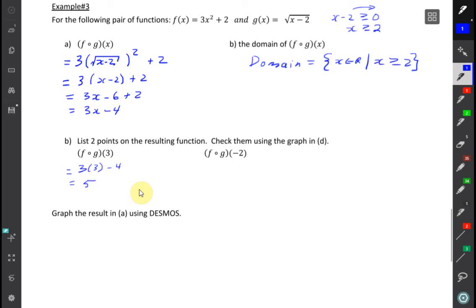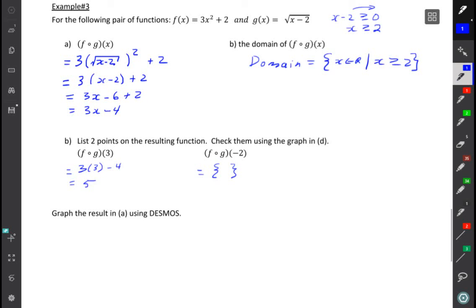Coming over to this function, we see that minus 2 is not in the domain. Therefore, there is no answer to this. What we will do is simply use a null set. There is no solution because minus 2 is not a valid input for this function.